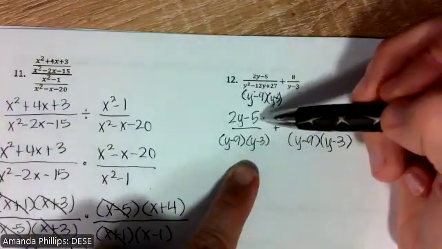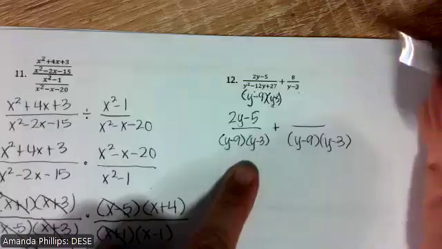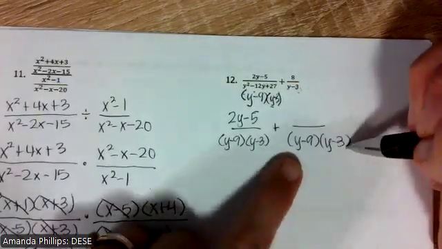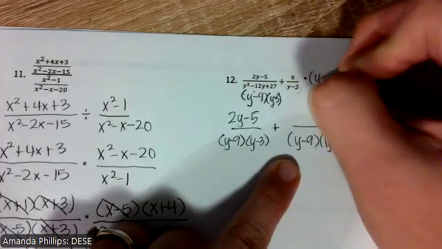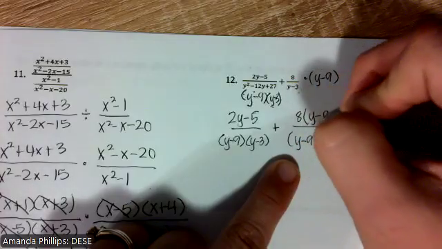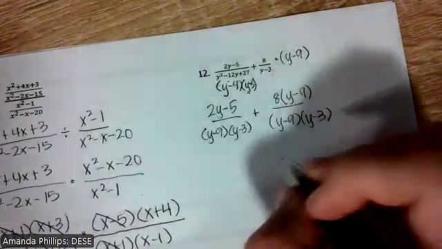Now, I didn't mention it, but I did mentally factor that to see if it could factor, and it didn't, okay? Now look at this one, y minus 3. Okay, the only thing that I added to it was this y minus 9, so that means I need to multiply by y minus 9. So that's 8 times y minus 9. All right, so let's keep on going.